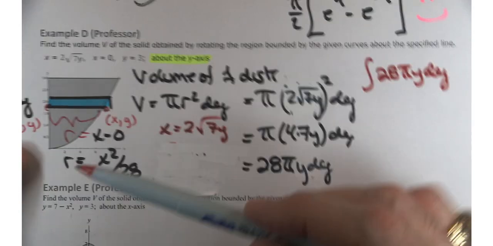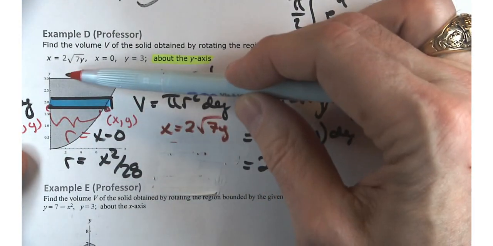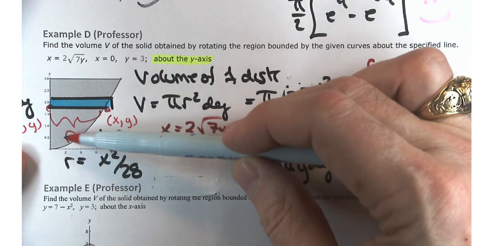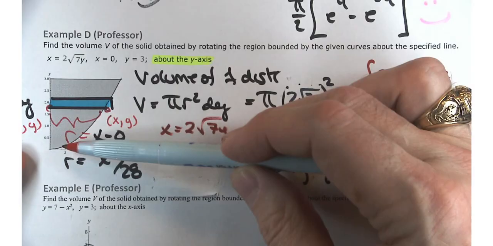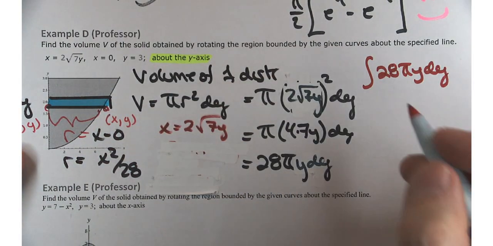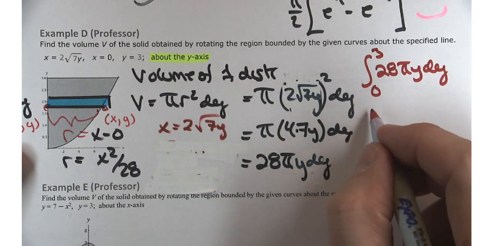What you want to be careful of is that the limits of integration should reflect where this dy slice can move to and still be in this region. So what's the lowest that it can move down to? 0. What's the highest that it can move up to? So 0 to 3. Let's take the 28 pi out in front.